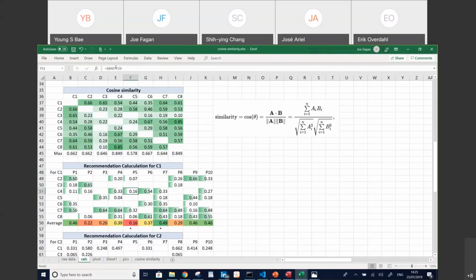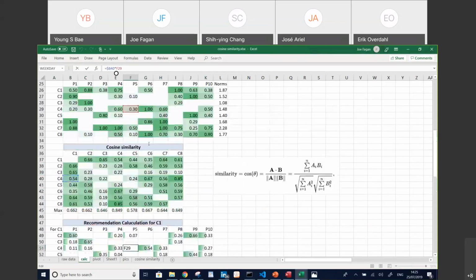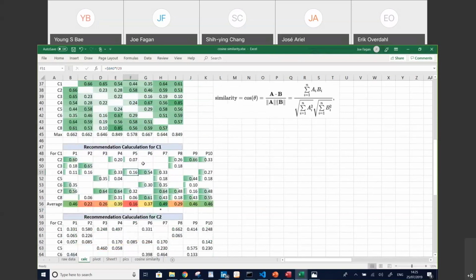I hope this isn't too complicated, but let's see where we're going. That allows me to populate that little square. Now I have the opinions of all of the people who looked at that product multiplied by their similarity to C1. Then I do a weighted average of that, and it gives me this number here.